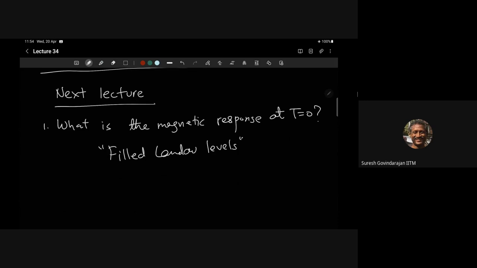Because omega c depends on B, if we increase B, the spacing increases, and the degeneracy G also depends on B. All these things will play around in a nice way, and as you vary B, you will see discontinuous behavior as you fill one band and go to the next one. And the second one is the paramagnetic response.